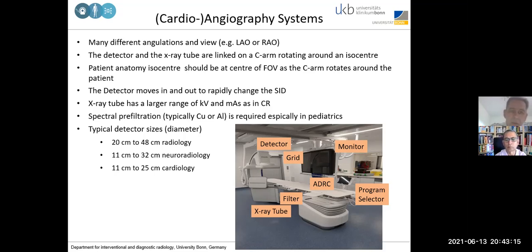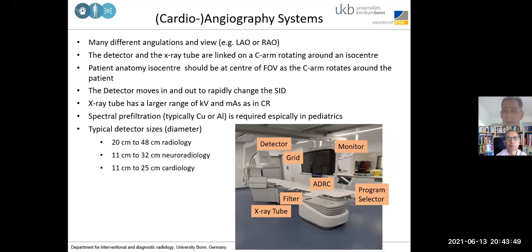You see the detector and the X-ray tube are linked to a C-arm, and they have one thing in common, and that's the isocenter. You will see that the isocenter will play a prominent role among all testing, and you should see what is the patient anatomy related to the isocenter. I always recommend that the patient should not be very far off the isocenter, because you do all your quality assurance close to the isocenter.